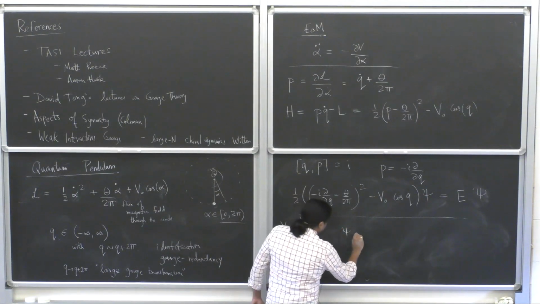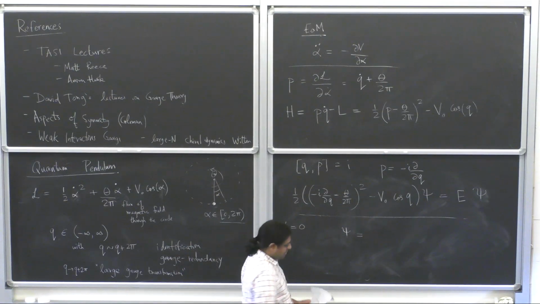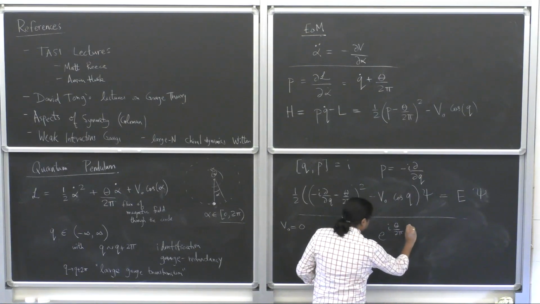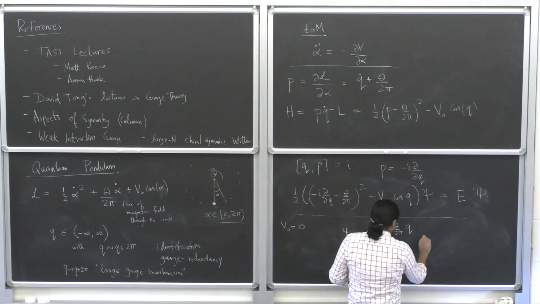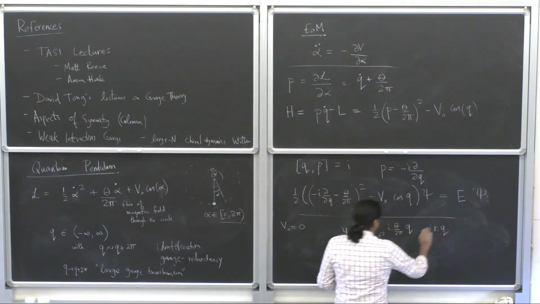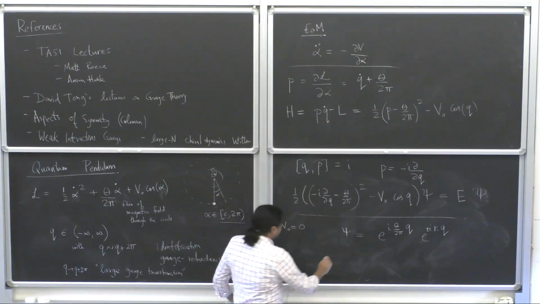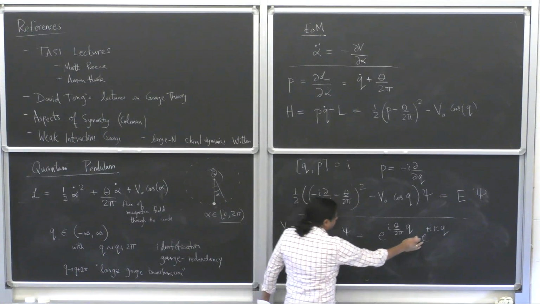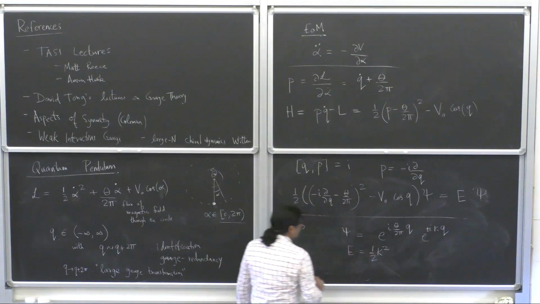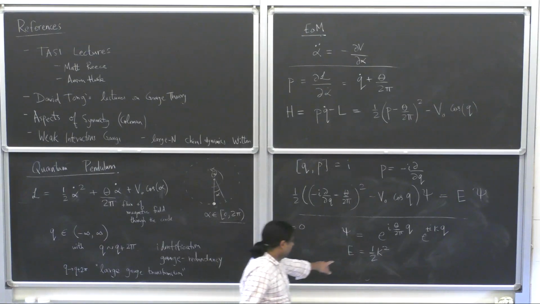The solution to this equation would then be simply the familiar plane waves, times this factor e to the i theta q. And the energy for each k is defined as k squared over 2.